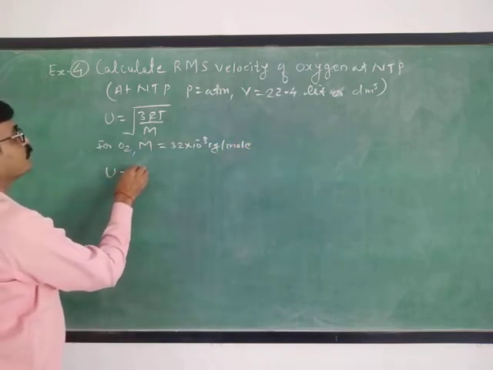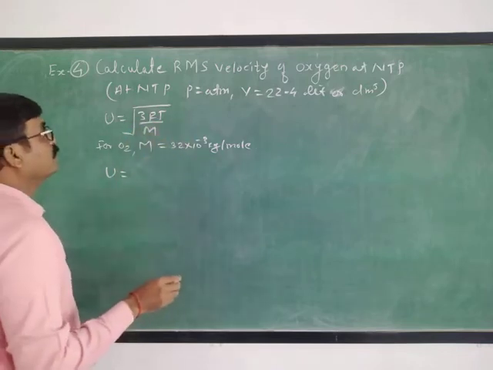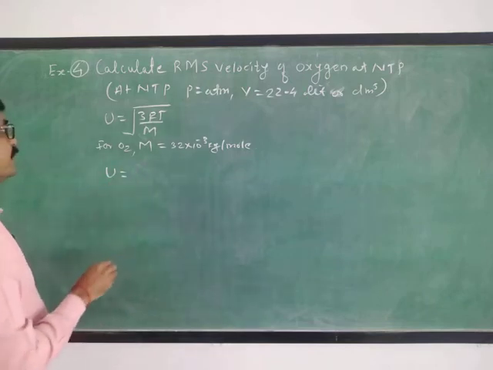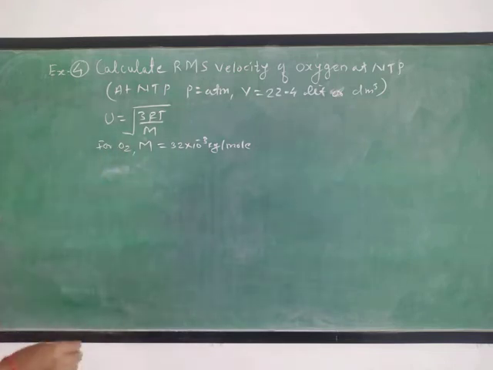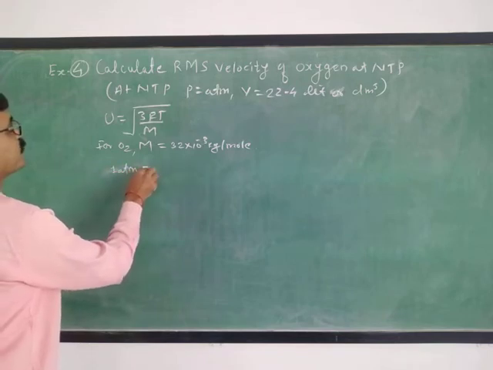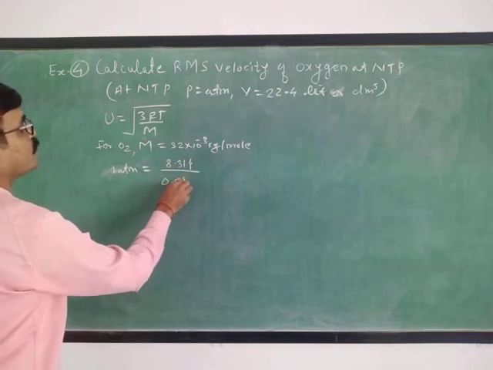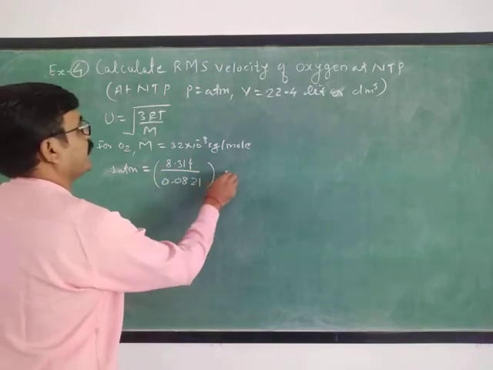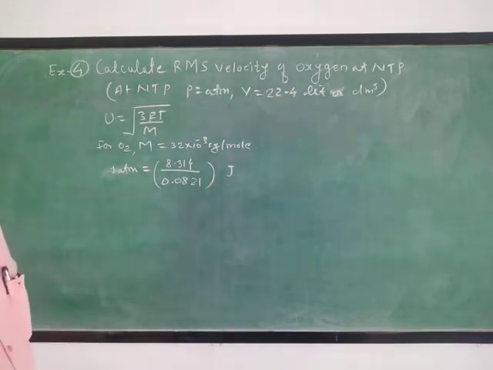U equals root of 3RT. PV equals nRT, so PV equals RT. And you must know one thing: 1 atm atmospheric pressure equals 8.314 upon 0.0821 joule per dm cube.